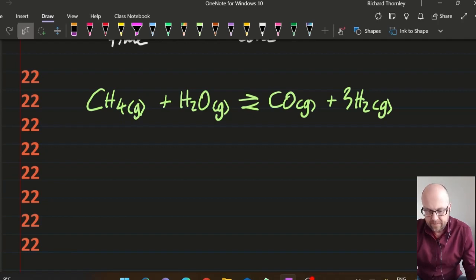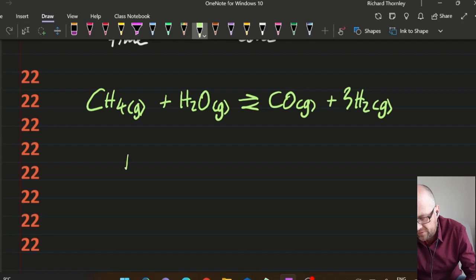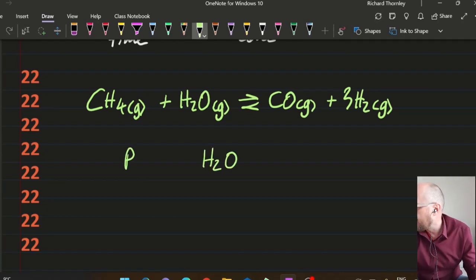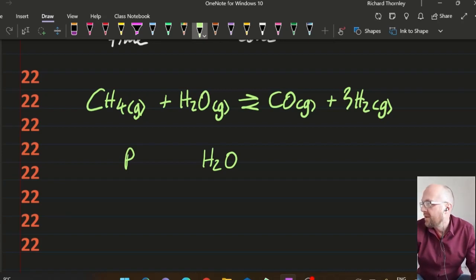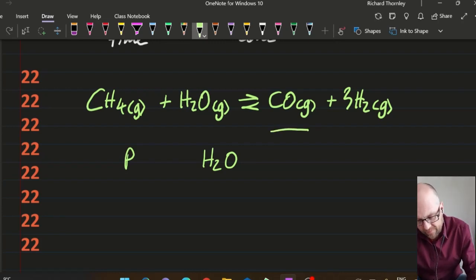Okay. So let's look at the pressure, the amount of O2, the amount of water. So I want to maximize the amount of methane, or maximize the percentage conversion of methane. Oh, that's a little tricky. So that means I want to favor the products.